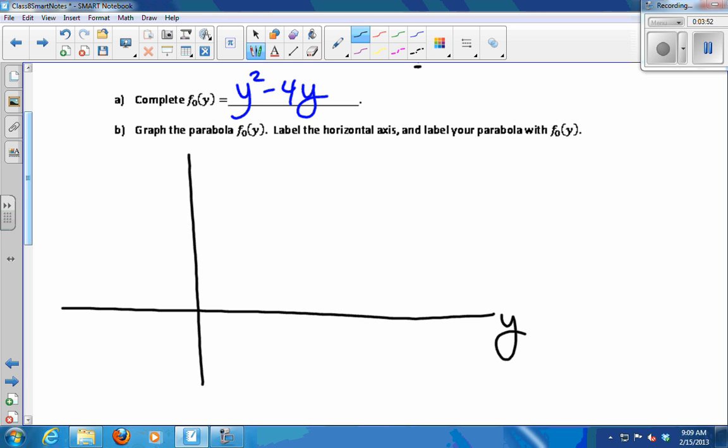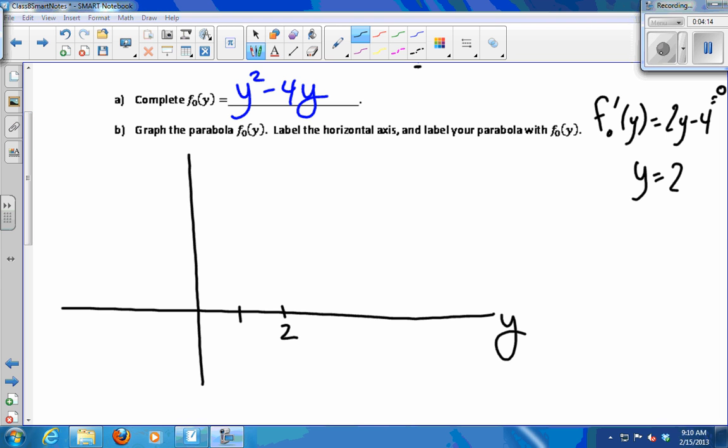So to find the minimum of a function, we take the derivative, which would be 2y minus 4. We set it equal to 0, and we get y equals 2. So I know that the minimum of this function is going to happen at y equals 2, right?